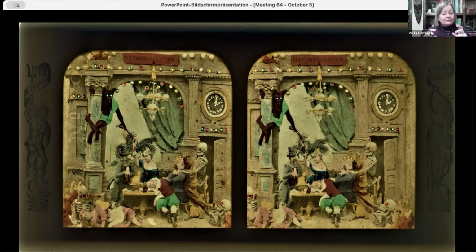However, if you blow the view up, you will realize that that is not the actor who was clean shaven. This figure has a goatee beard and mustache, and it's Napoleon. So they are hoping that the devil gets Napoleon. Okay, next, please.